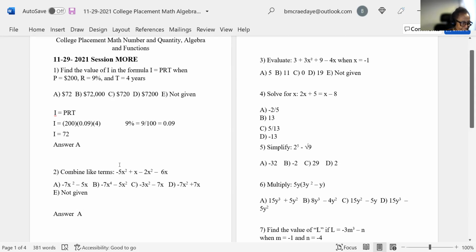Add the two minuses, minus 5, minus 2, minus 7. So you eliminated B and C because only A and D have a minus 7. And then a 1x and a minus 6x, you subtract, you get a 5, and you have more negative than positive. The 6 is the biggest absolute value. So that's how you get the minus 5x. Answer A.